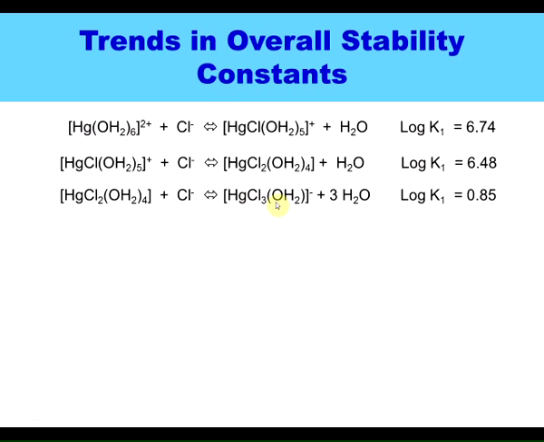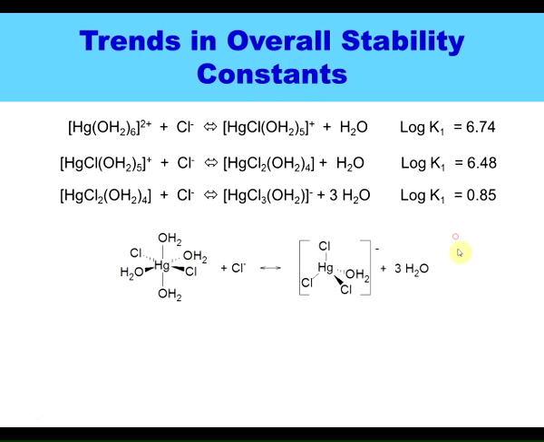Now we're going to a 4-coordinate mercury complex. And you see the big jump, the big change in the log K values? Yes, it's still decreased, but there's a huge difference. Where we only changed by 0.3 log units before, here we're changing by about 6.